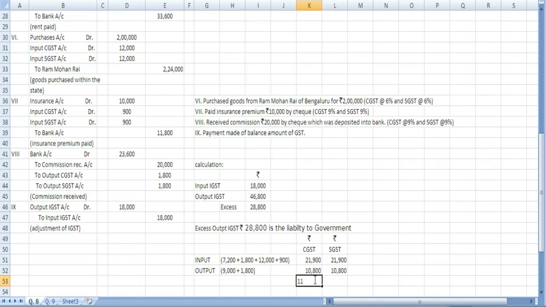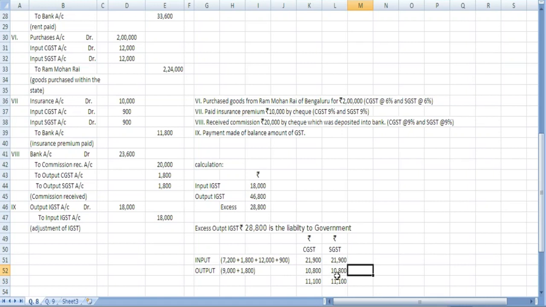The IGST will be adjusted with CGST and SGST. So 11,100 and 11,100, that is when we minus 21,900 and 10,800.